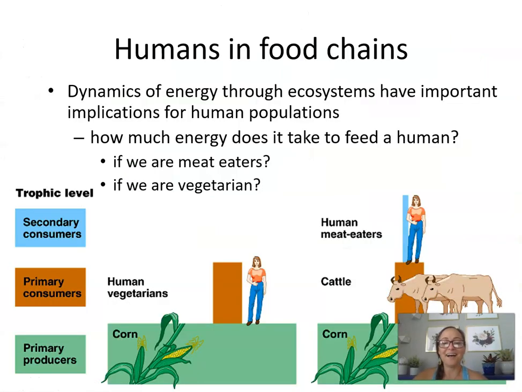Okay. So now humans and our role in the food chain and food web, right? As I've grown up and learned a lot through teaching both AP Environmental Science as well as AP Bio, I've come to learn that our food choices have huge impacts on Earth's resources.